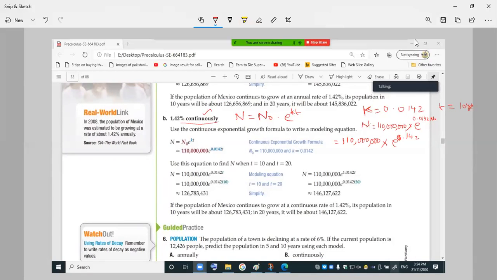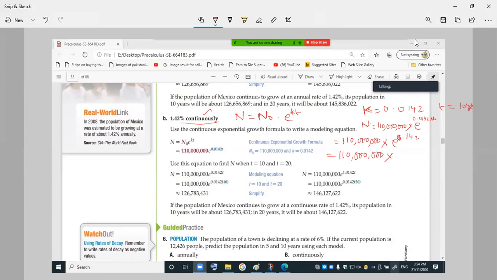You multiply 10 times 0.0142, it will become 0.142. So you can calculate by using the calculator, e to the power this one. So press shift, then e power 0.142.